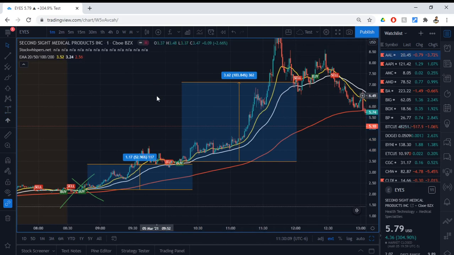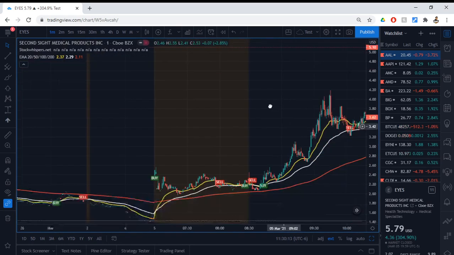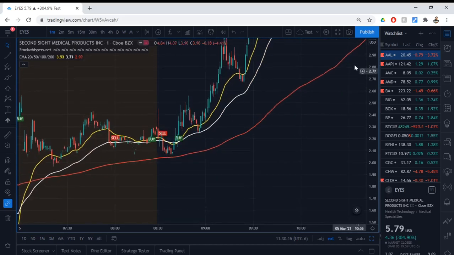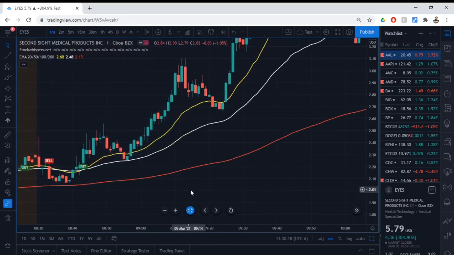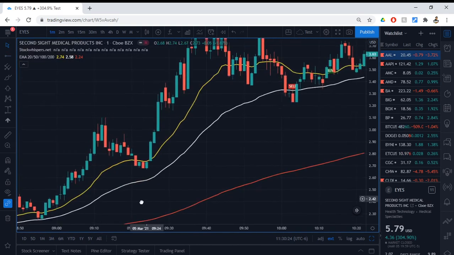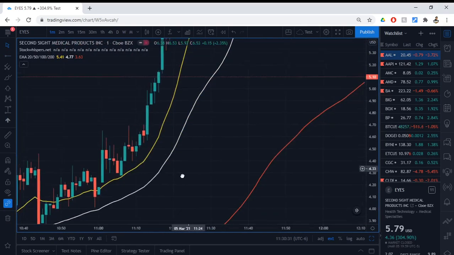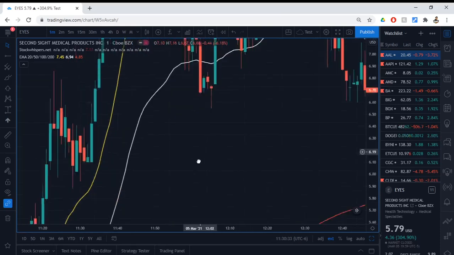There's no problem with that. You can do that. Same risk reward strategy applies to this entry strategy. So buy, stop loss right there. Buy, stop loss right there. Keep going.